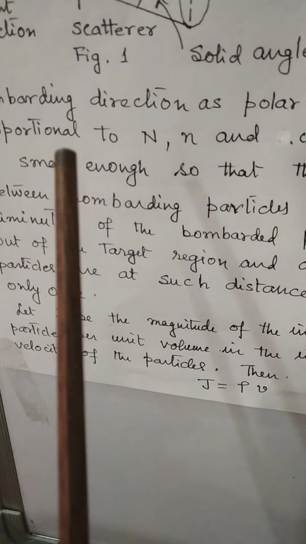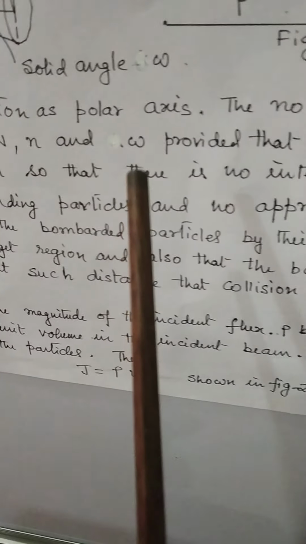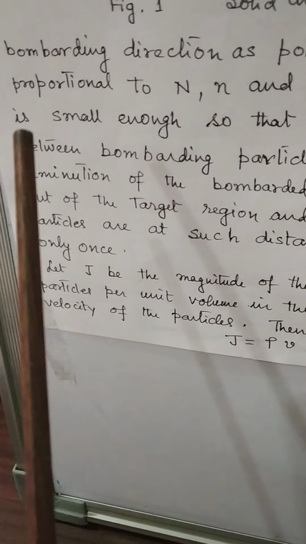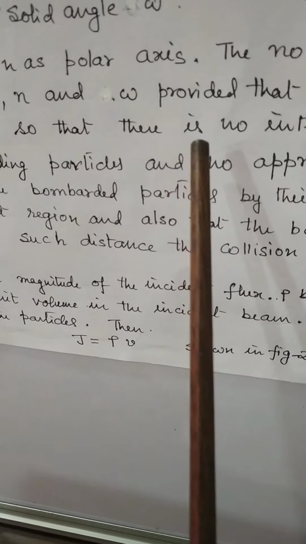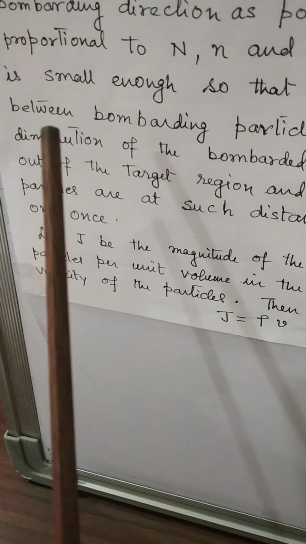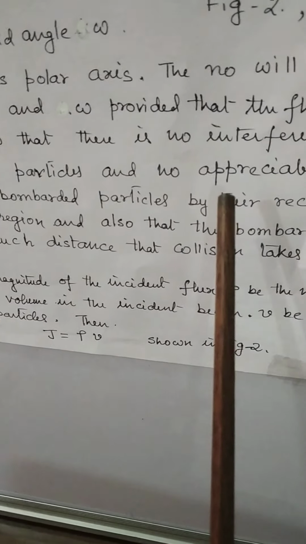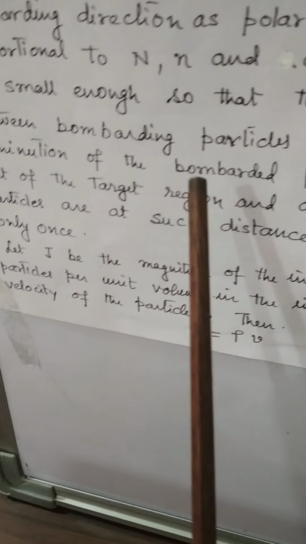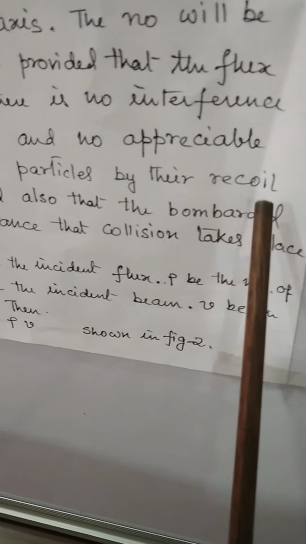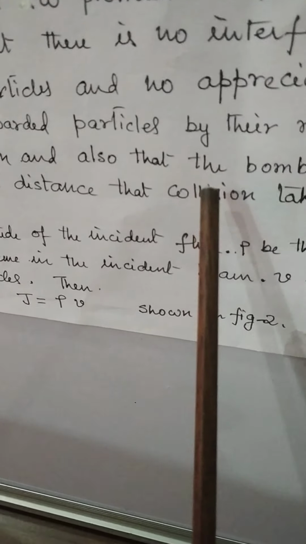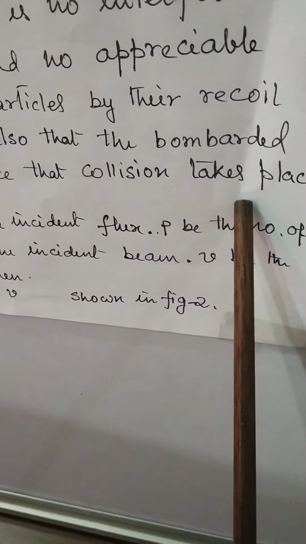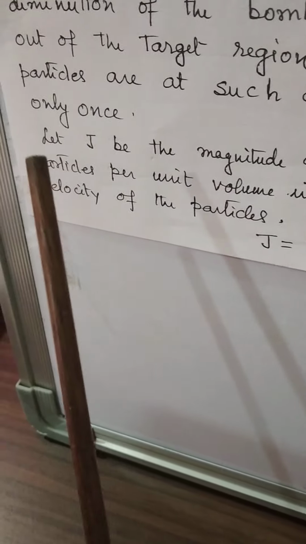The number will be proportional to capital N, small n, and delta omega, provided that the flux is small enough so that there is no interference between the bombarding particles and no appreciable diminution of the bombarded particles by their recoil out of the target region, and also that the bombarded particles are at such direction that collision takes place only once.